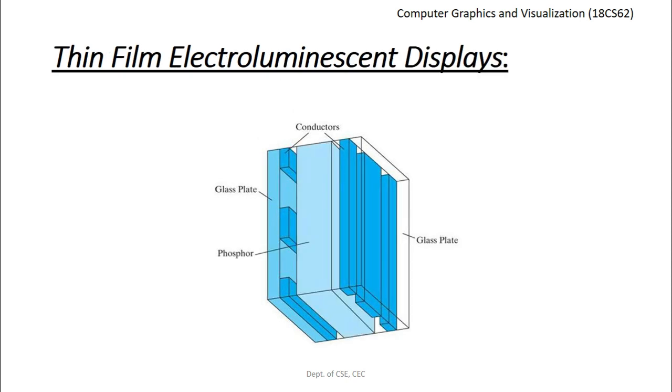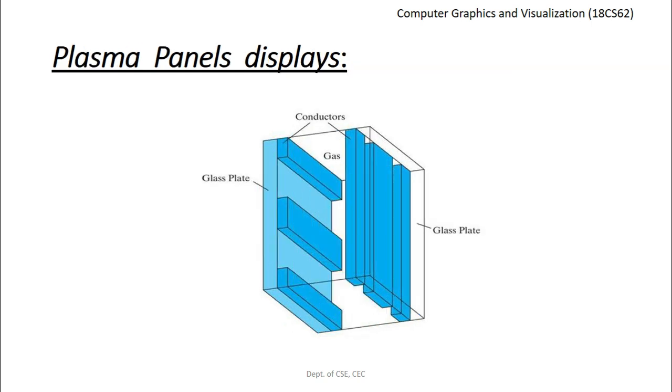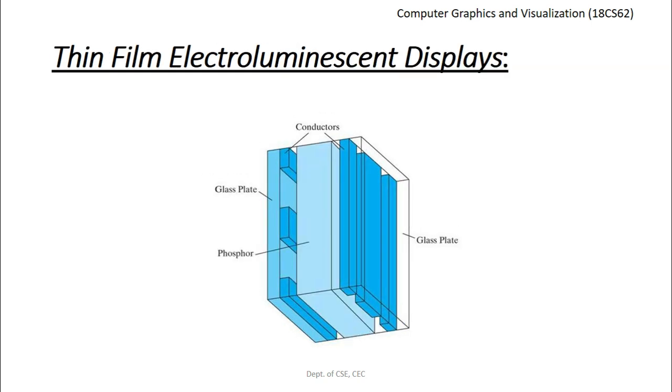We have something called TFT or thin film electroluminescent displays. It is similar to the plasma display panel, as you can make out from the diagram here. The only difference is that the region between the two glass plates is filled with phosphor, such as one doped with manganese, instead of the gas.